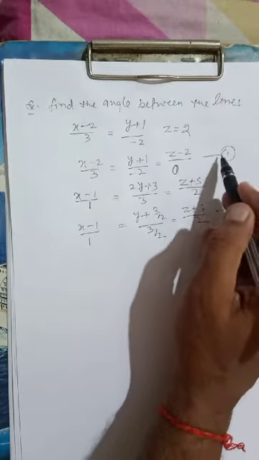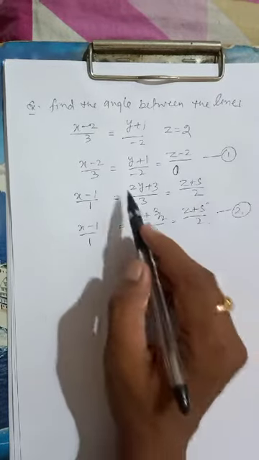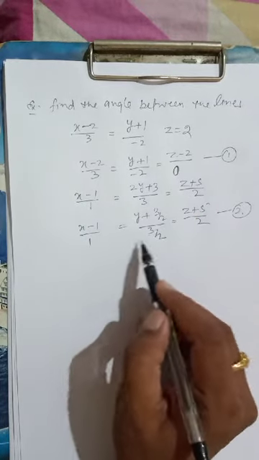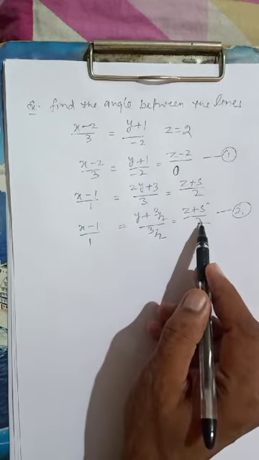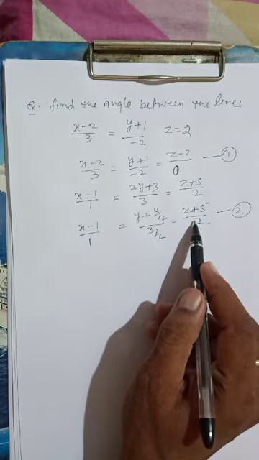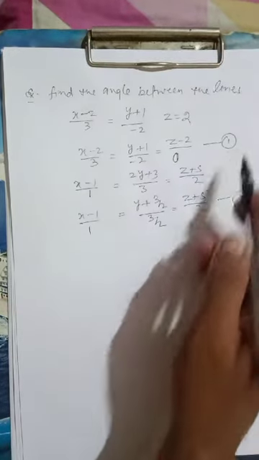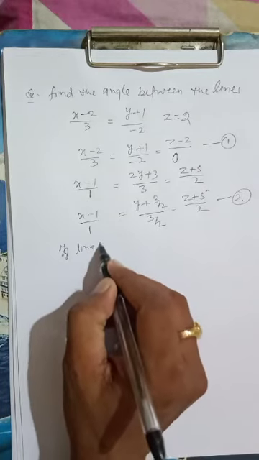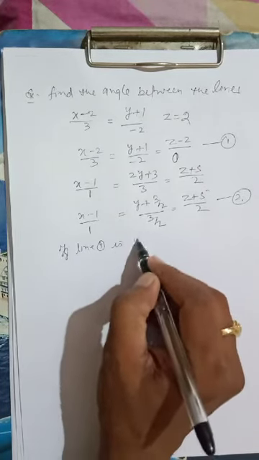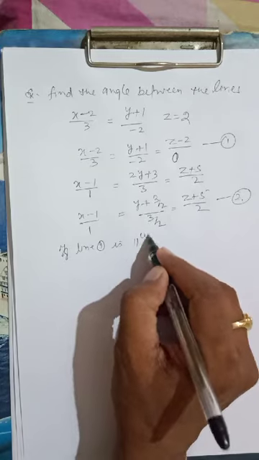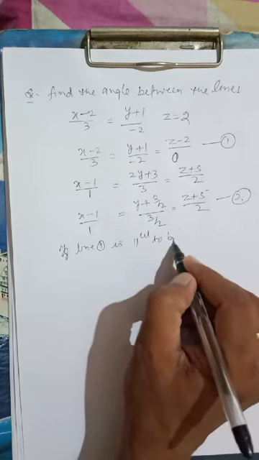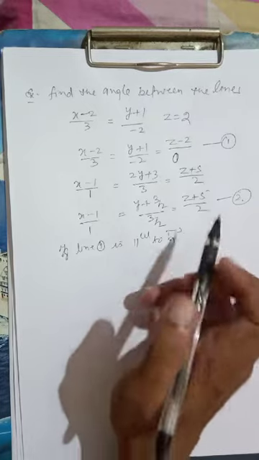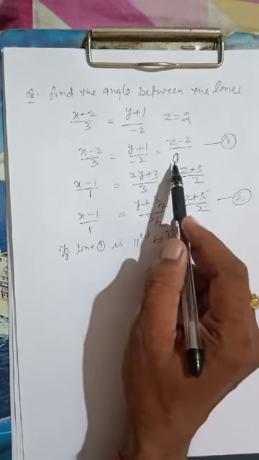So this is line 2. So for 1 and 2, here a1 b1 c1 is this, a2 b2 c2 is this. Then if line 1 is parallel to b1 vector, then its direction ratio is 3, minus 2, 0.